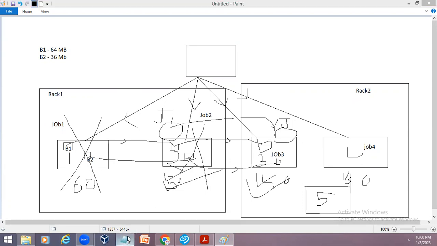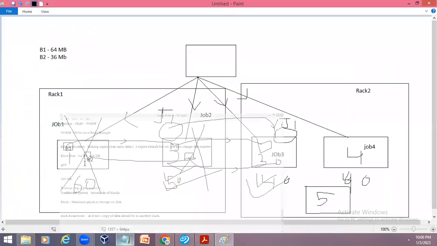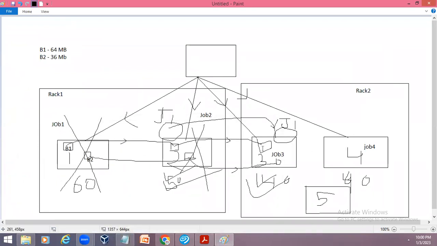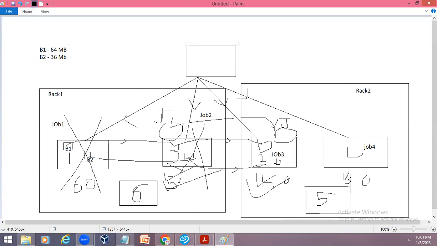Okay, good. So it says one copy should be in another rack. If you notice here, B1 and B2, one copy I have kept in rack 2. Maybe I have one more node here, let's say node 6, and I could keep the third replica on node 6 also, right?